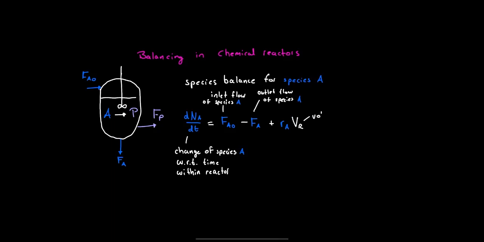So VR is the volume of the reactor, and Ra is going to be the reaction rate.